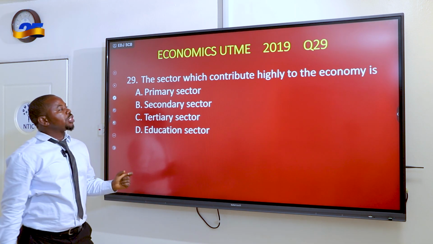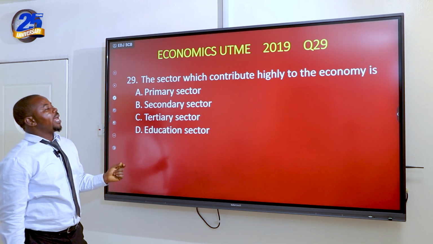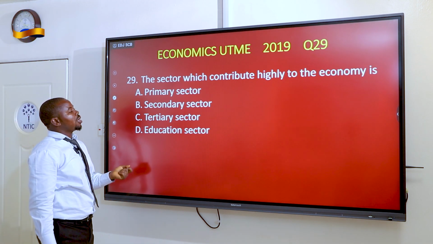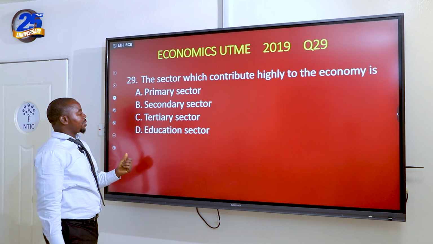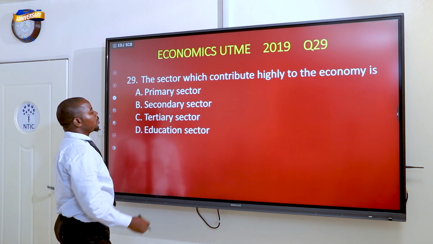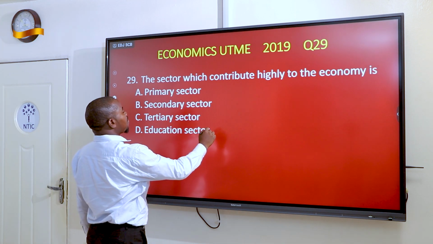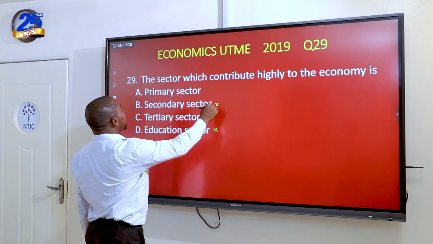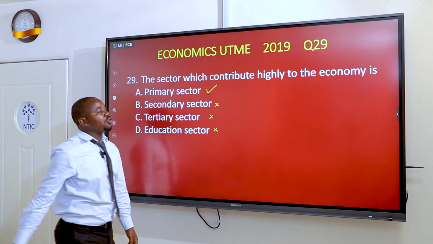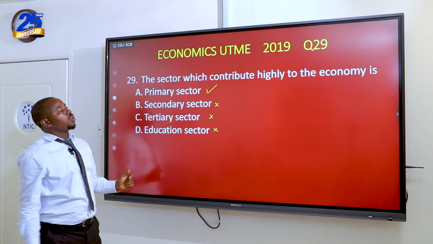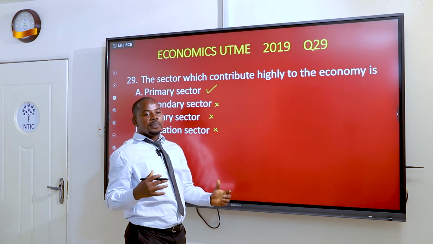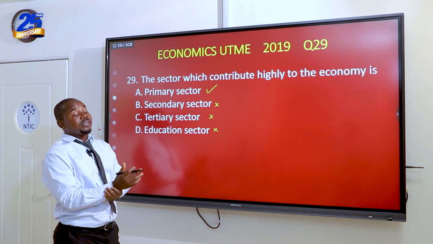The sector which contributes highly to the economy is A, primary sector, B, secondary sector, C, tertiary sector, and D, education sector. Education sector, it contributes, but it's not the one that contributes the highest. Tertiary, the same thing. Secondary, the same thing. But primary production contributes more to the economy, because under primary, that's where you have your extraction of minerals, extractive industries.